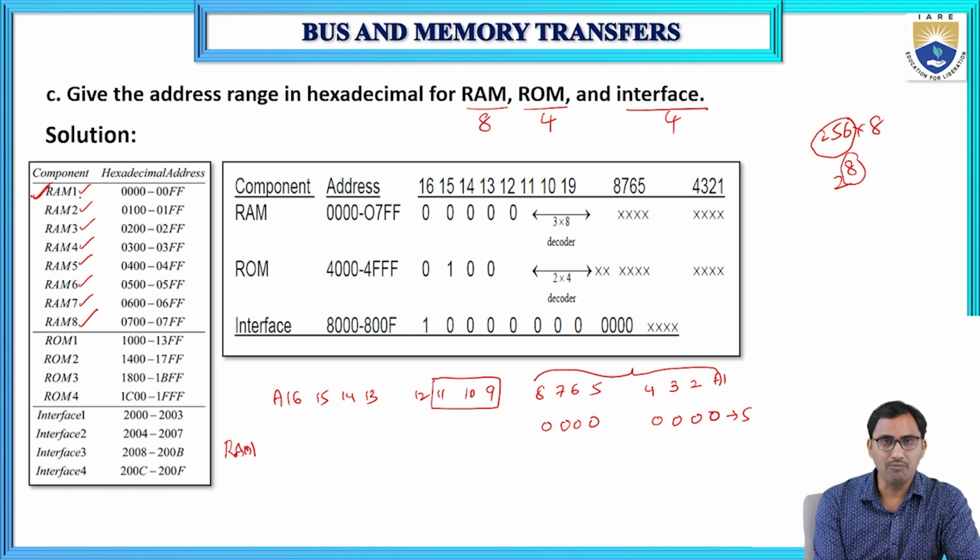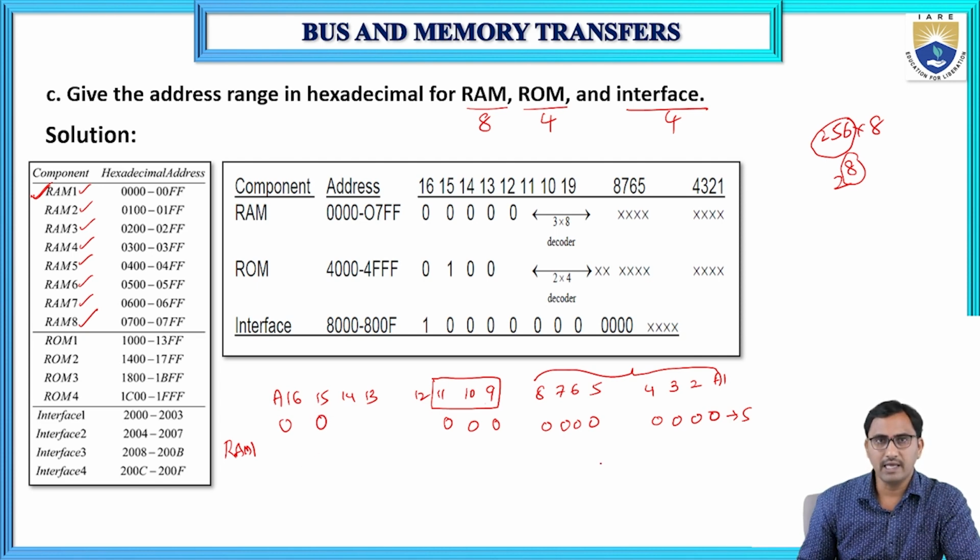Because this is RAM 1, the selection lines will be 0, 0, 0. When 9, 10, 11 are all zeros, then RAM 1 will be selected. And to differentiate the RAM from the ROM and interface, the higher order 2 bits are used, which for the RAM are 0, 0.